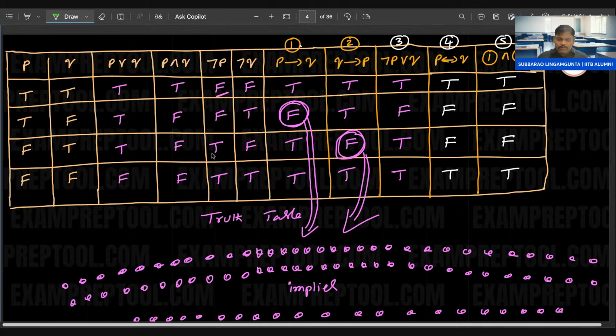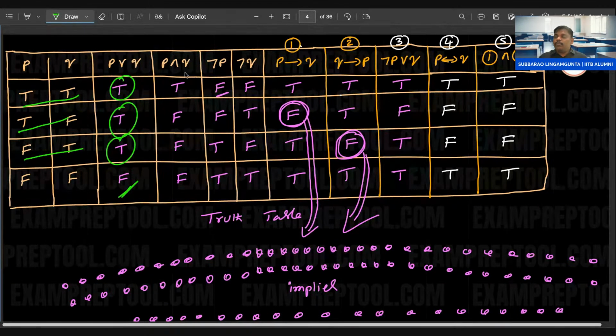See the table. If anyone has any doubt, what is the meaning of the OR operator? P OR Q means at least one true, then true. At least one true, true. If there is no true, it is not true.